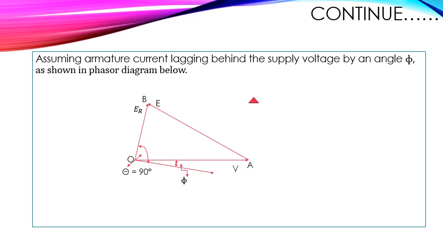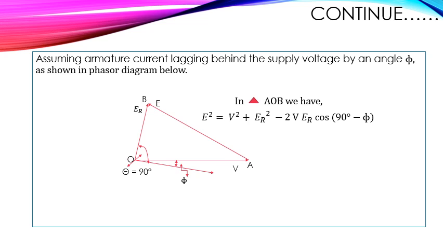Then show the vector, that is impedance drop ER, at 90 degree to the current vector, and then the resultant is E.